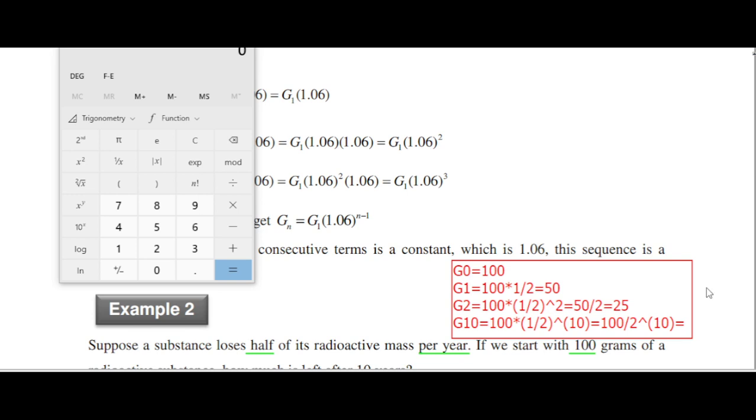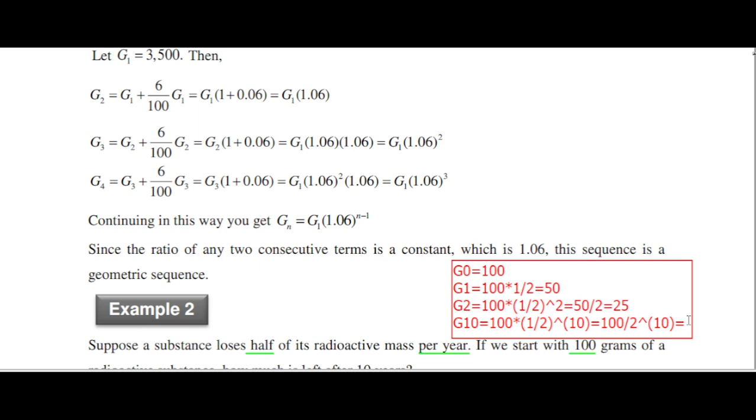Let's calculate 2 to the power of 10. Here we have 2 to the power of 10 is equal to 1024. So this is equal to 100 over 1024.